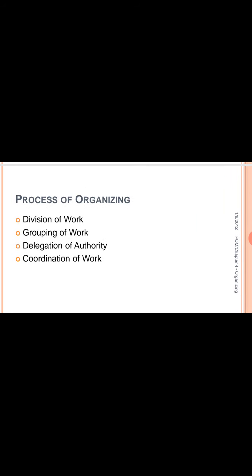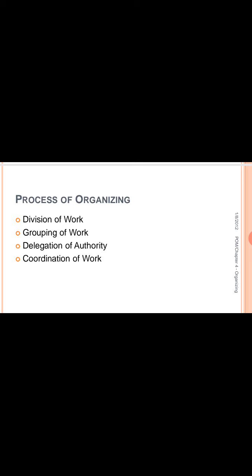These are the steps which we need to follow for the process of organization. The first step is division of work, second is grouping of work, third is delegation of authority, and fourth is coordination of work. With division of work, whatever the full project is, we divide that whole project into smaller parts.